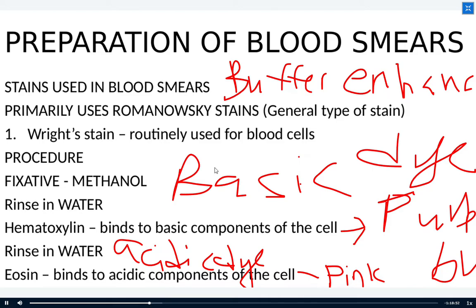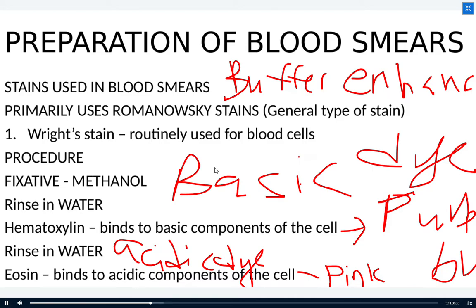Remember, I'm talking about the color pink or red. Okay. Why eosinophil here? Okay, so yeah, they have brick red or pink granules kasi.